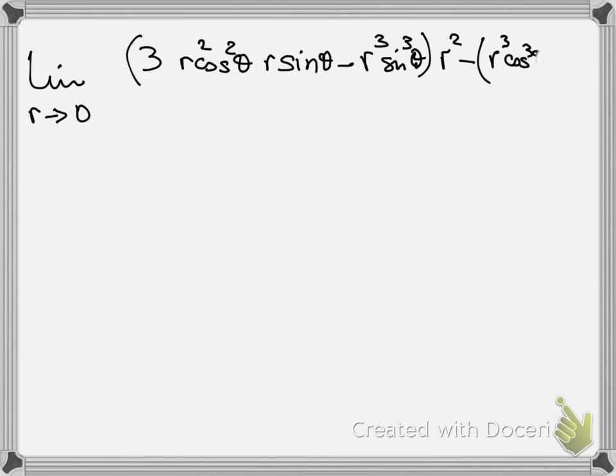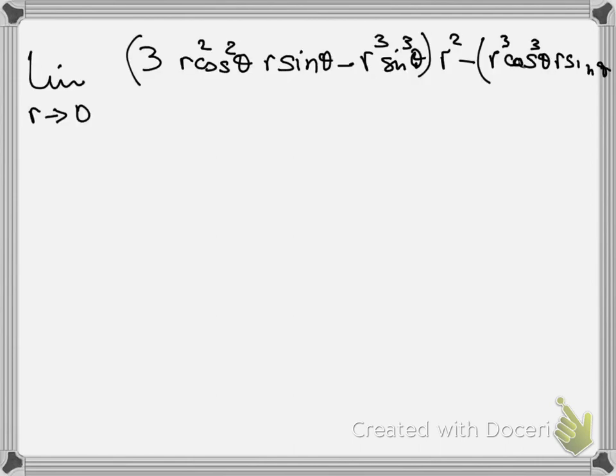So here, we're gonna have cosine theta cubed times r sine, times r sine, minus, and then minus what?